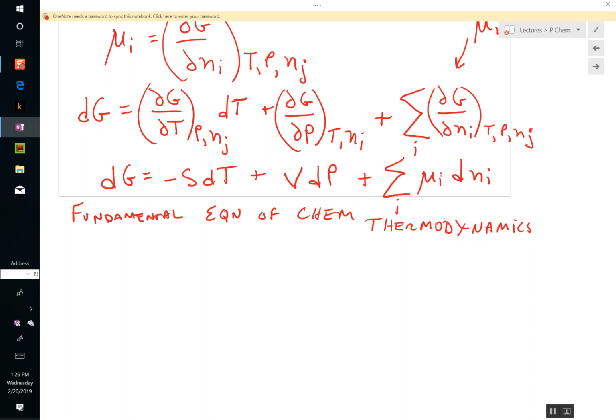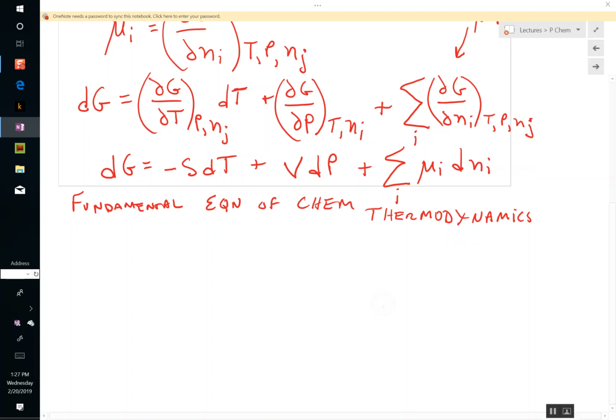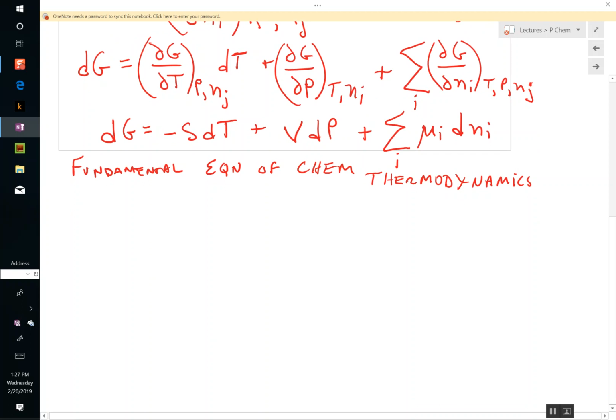So we can have multiple, that's for each one, from i up to however many there are. Okay, but how do we calculate? Let's try to get to a point where we can at least do one calculation on chemical potential.